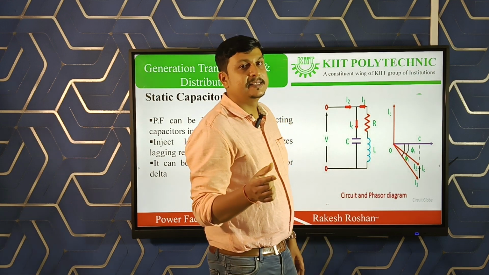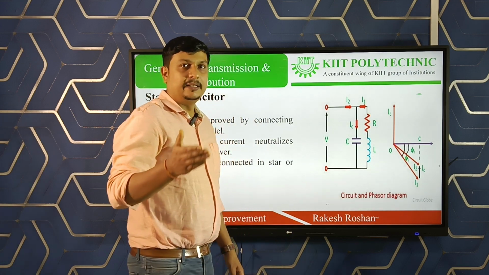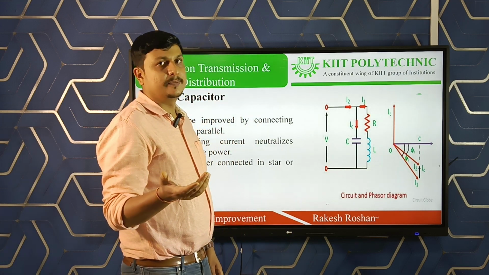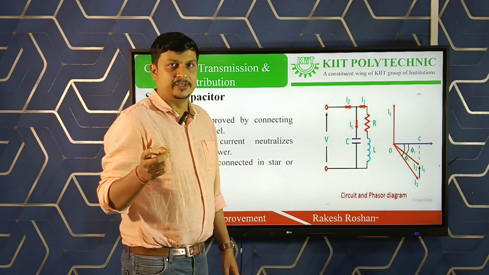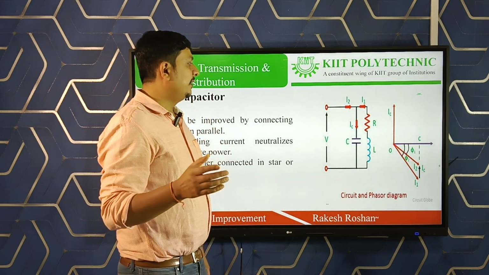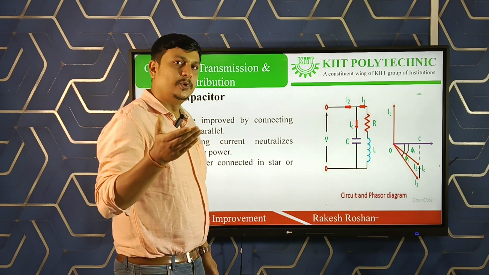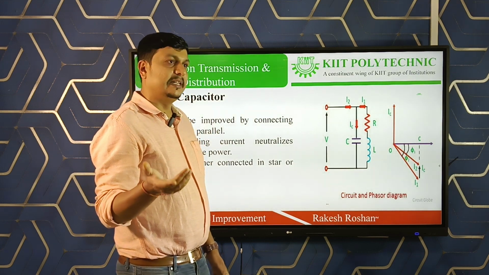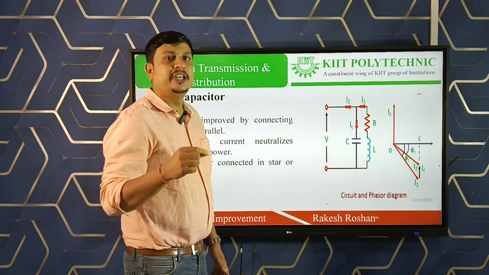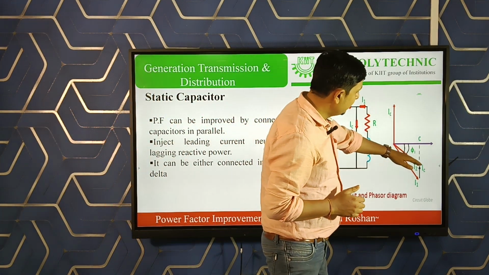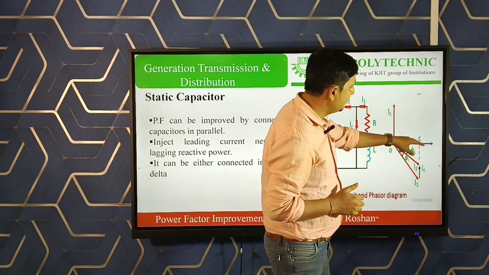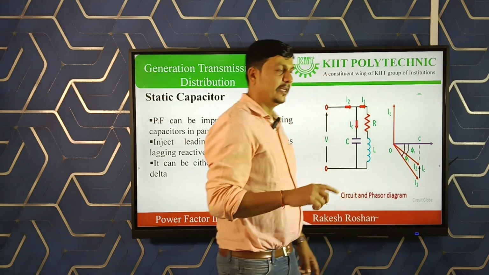When the phase angle is smaller, the value of cos phi will be more. As we know, the value of cos 0 is 1, so near about 0 degrees is good power factor, and the power factor is near about unity. You can see from this phasor that if the phase angle is decreased, the power factor is improving.